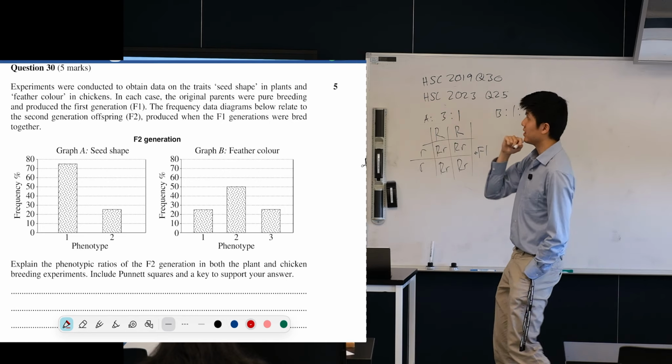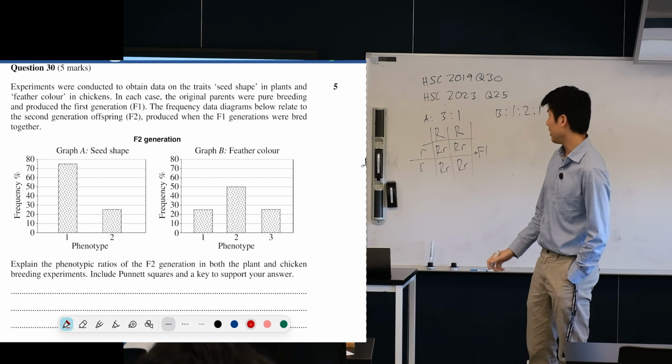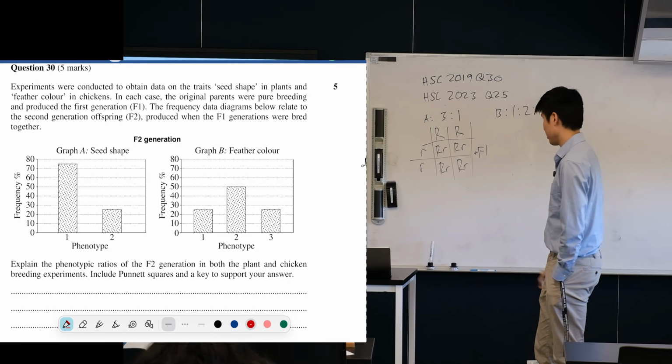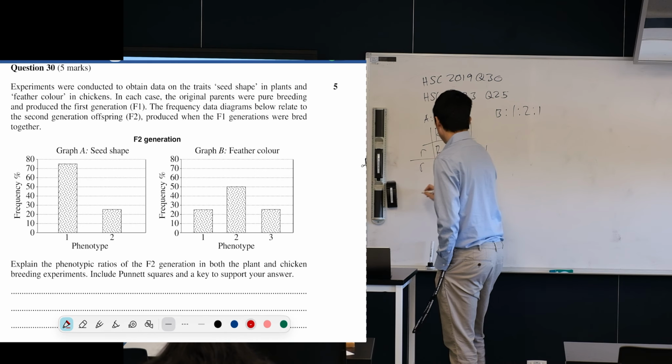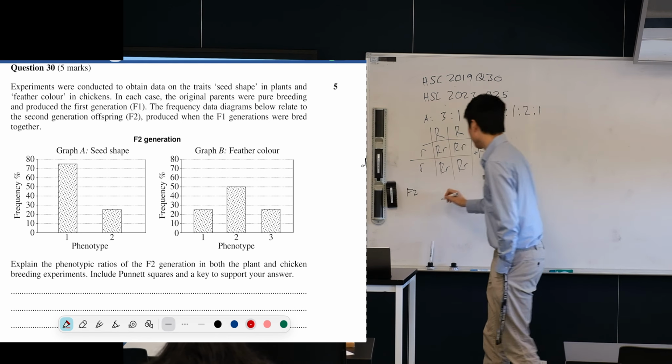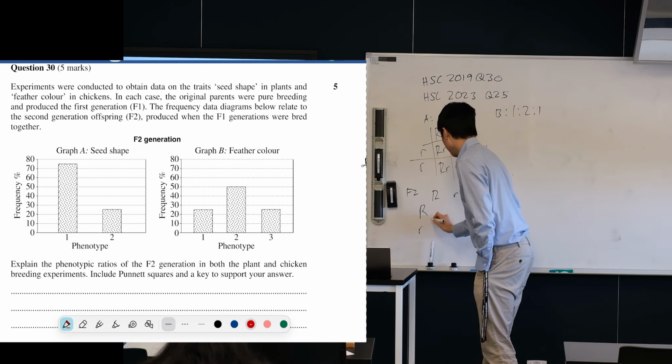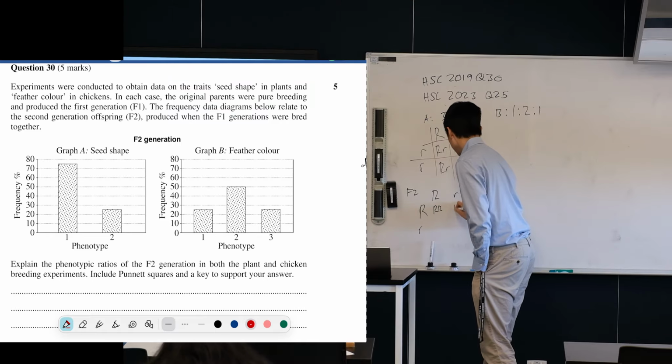Then the question says we have to cross them again. They get bred together to make my F2 generation, right? So my F2 generation, which I'll write here, is just a heterozygous cross. All right, cool.